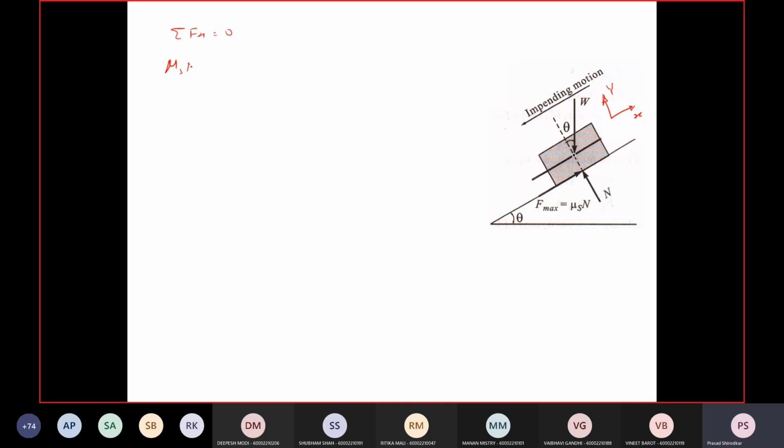So nu s N minus W sin theta is equal to 0, so W sin theta is equal to nu s into N. Summation Fy equal to 0, so N minus W cos theta is equal to 0, so W cos theta is equal to N. If I divide W sin theta by W cos theta, I get tan theta is equal to nu static.